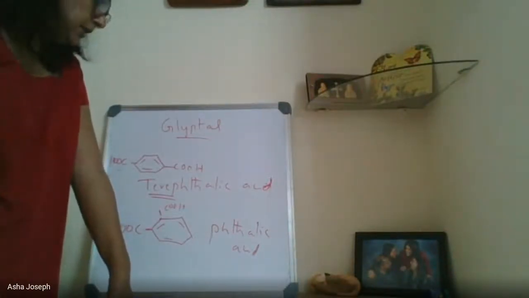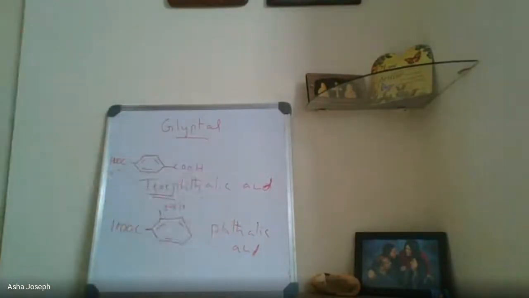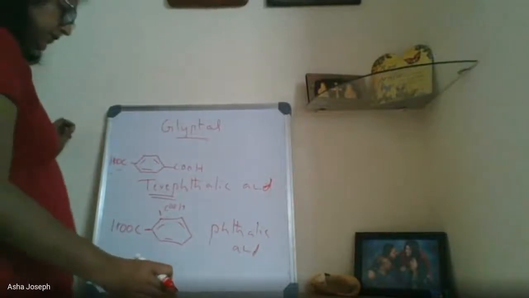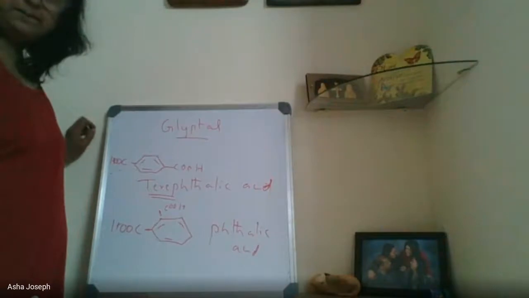You write in the book the two. In phthalic acid, it is in the ortho position. Yes. Okay. Terephthalic acid, it is in the para position. You write and keep both. So the difference, if you know, then we can write the polymer. Okay?